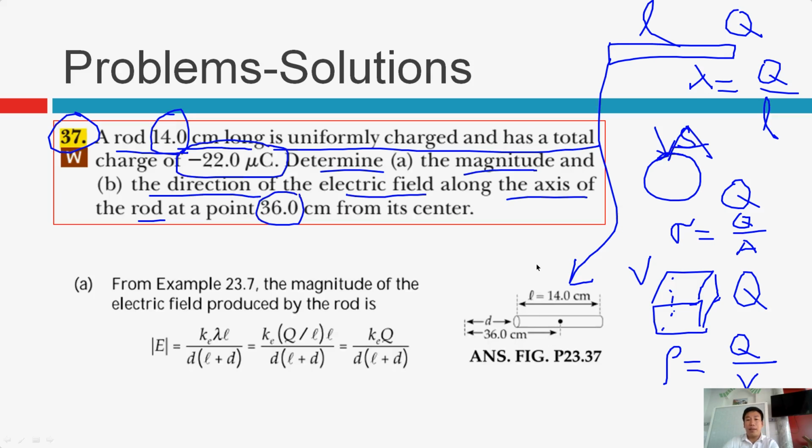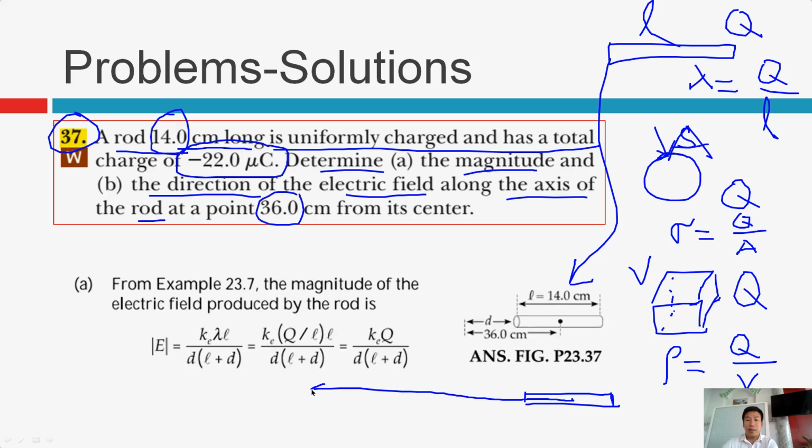Because the rod has a size, you cannot apply the formula of the point charge. You need to divide this rod into many point charges and find the electric field caused by each point charge, right? So I rewrite the rod here.